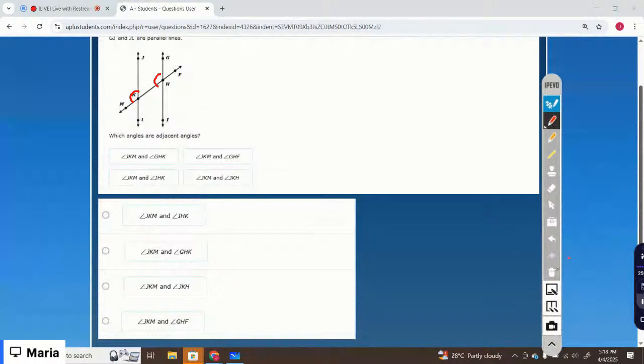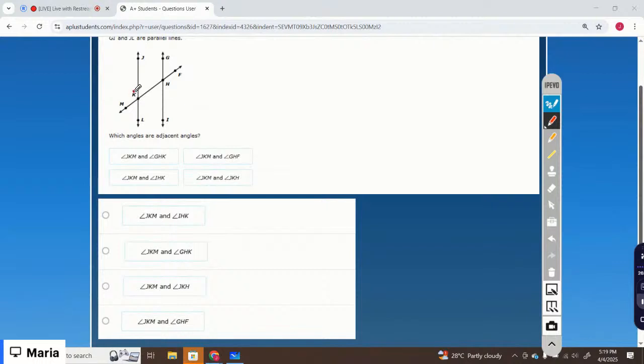Option number one is not the correct one. JKM and GHF. They are also not the correct adjacent angles, right? JKM and IHK. They are also not adjacent angles.